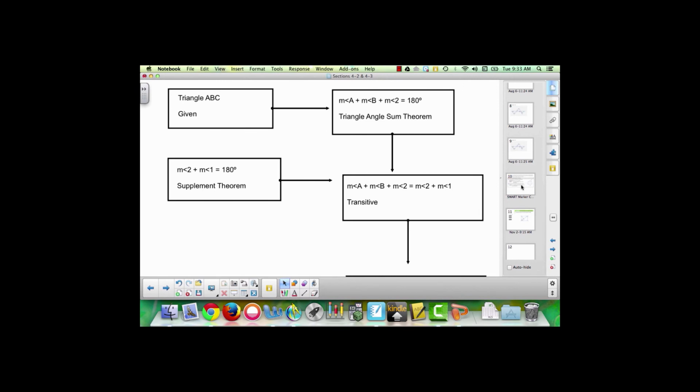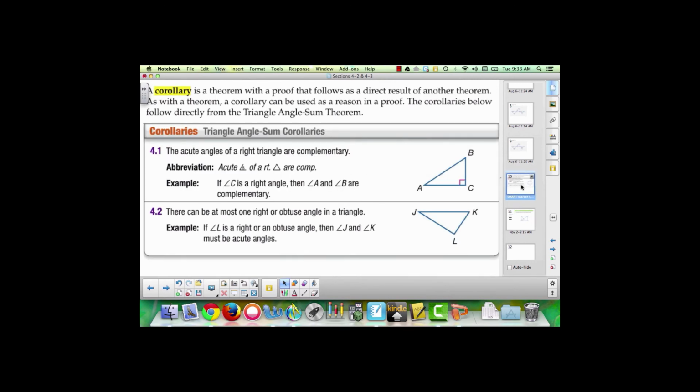Now I'd like to talk about a corollary. A corollary is a theorem, so it is a proven statement, but it's a statement that I don't need a long, elaborate proof to make, that it comes directly from one other theorem. The first corollary that we're going to look at is that the acute angles of a right triangle are complementary.